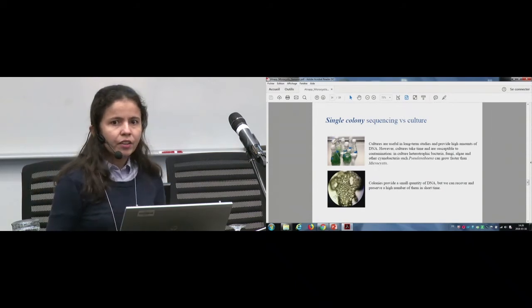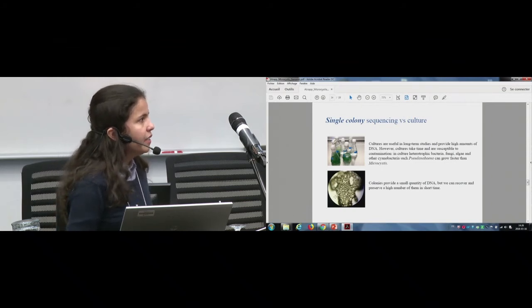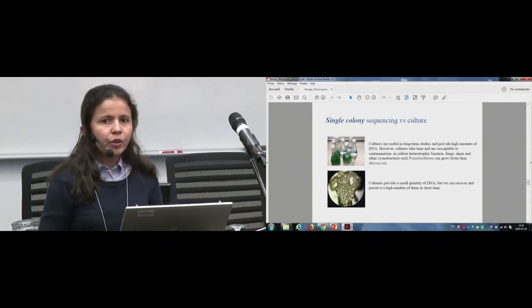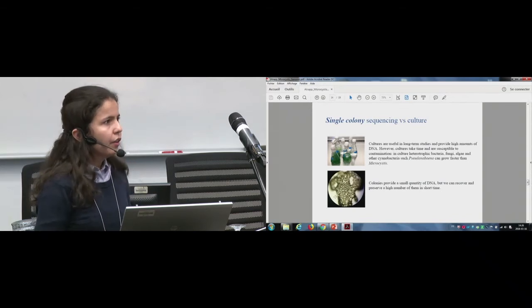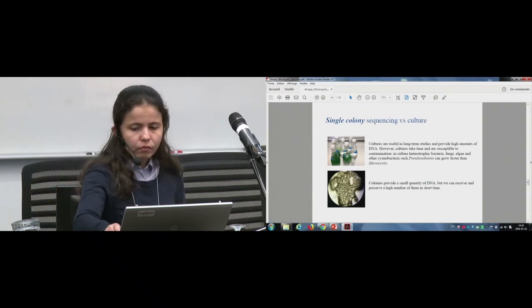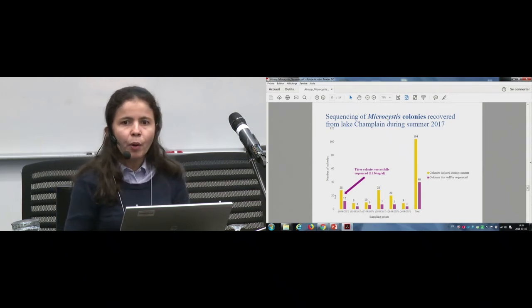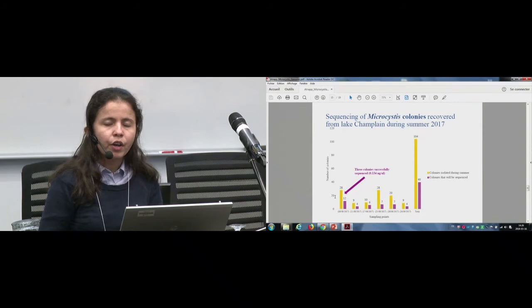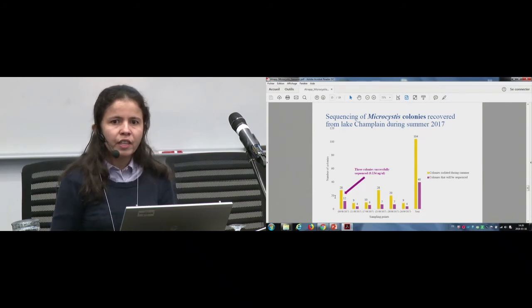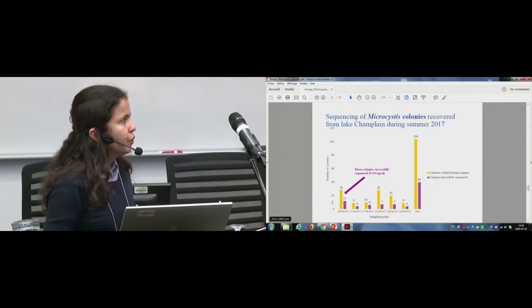Last year we went to Lake Champlain, and we took colonies directly from the lake, cleaned these colonies, characterized them using the microscope, and then did DNA extractions. The interesting thing is that we can recover a big amount of colonies in a short period of time compared to cultures, which take time to grow.